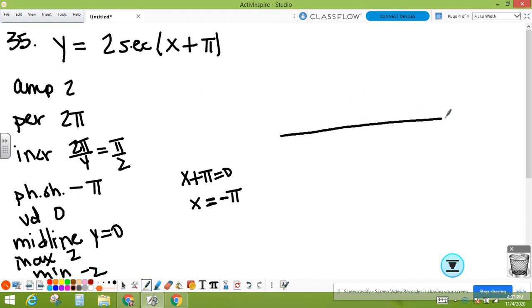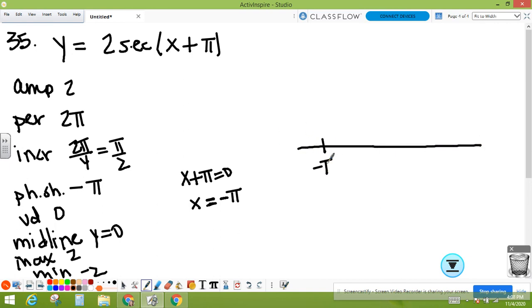All right, so x-axis. Let's see if I can make it something close to straight. All right, so our first mark is -pi. We need 1, 2, 3, 4 more. We're adding pi over 2. So -1 plus a half is -half, plus a half is 0, plus a half is a half, plus another half is 2 halves.